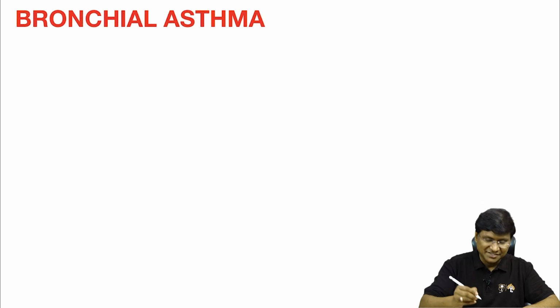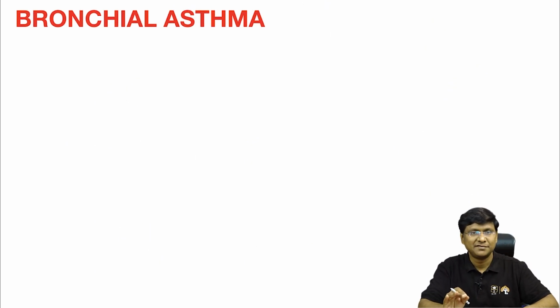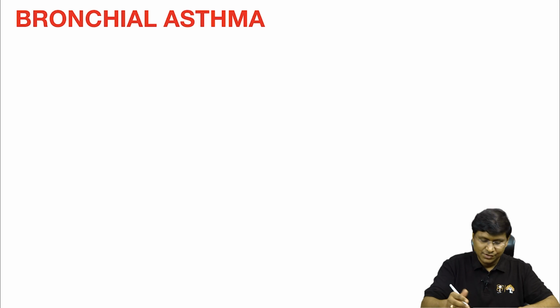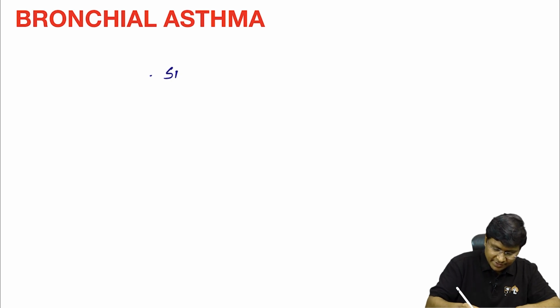Now let me do a quick revision of bronchial asthma. Bronchial asthma is also a disorder of the smaller airways, but the difference between bronchial asthma and COPD is the reversibility.